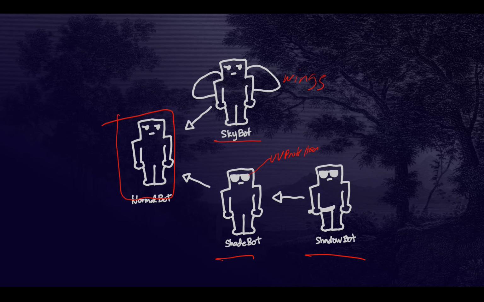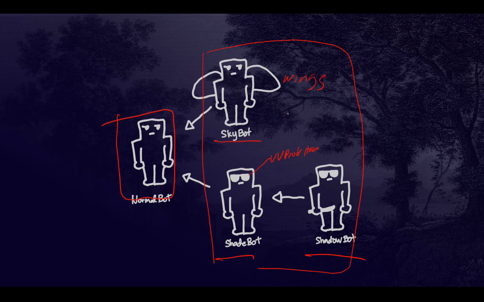So the factory is able to exploit the relationships between these classes and normal bot. All they need to do is add extra layers of construction, such as adding wings or outfitting shades.